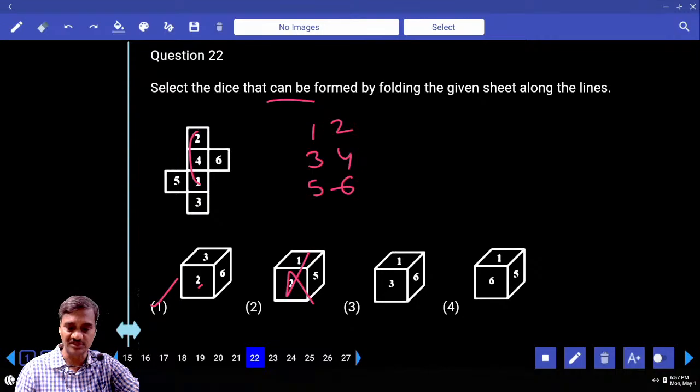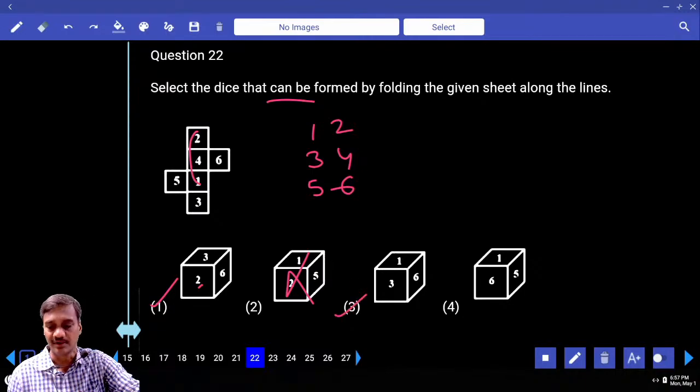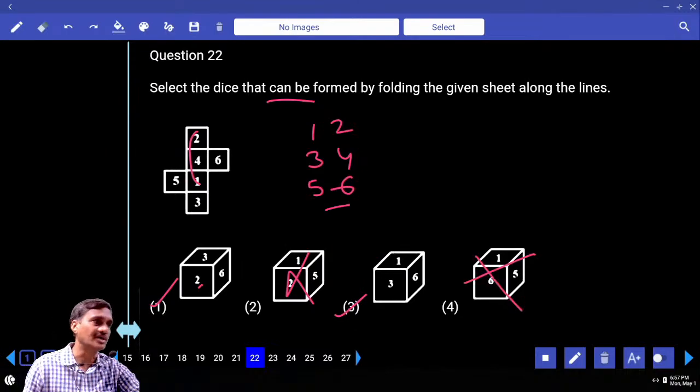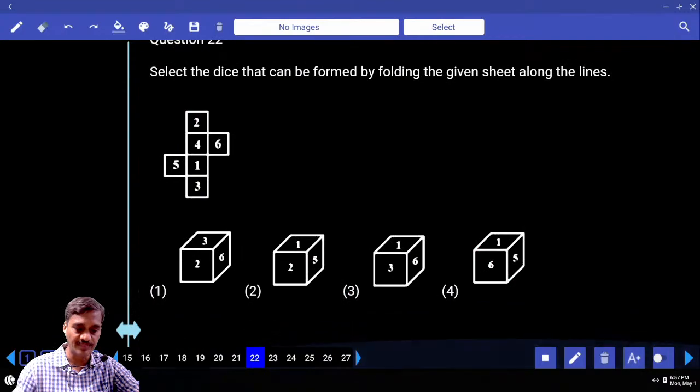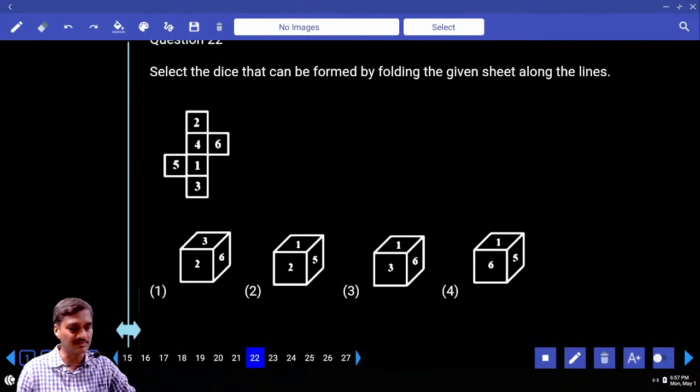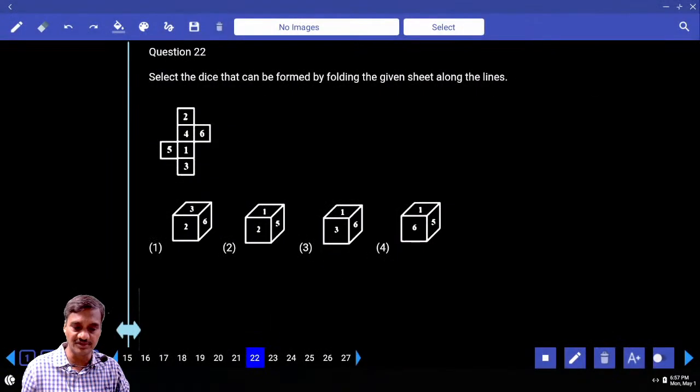Here 1, 3 and 6: 1 and 2 opposite, 3 and 4 opposite, 6 and 5 opposite. Hence it can be formed. Now in this one, 1 and 2, 5 and 6. 5 and 6 are opposite but they are adjacent, so this cannot be formed. Hence what is your answer? 1 and 3. What is the choice given here? Only A and C. My choice code is only A and C, that is choice 1.